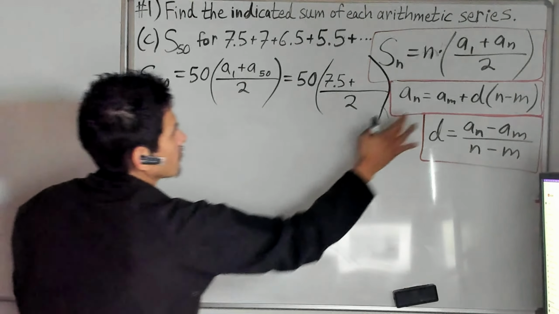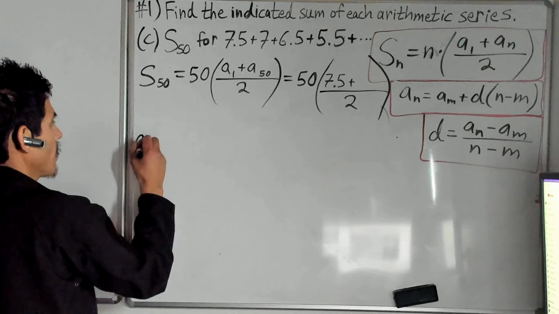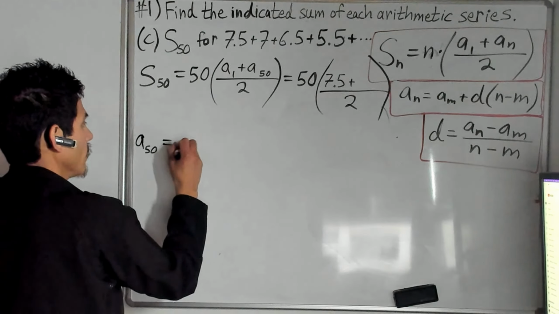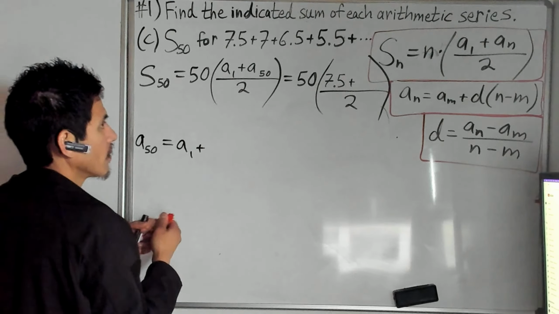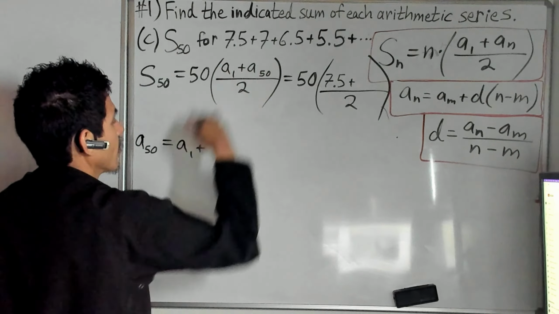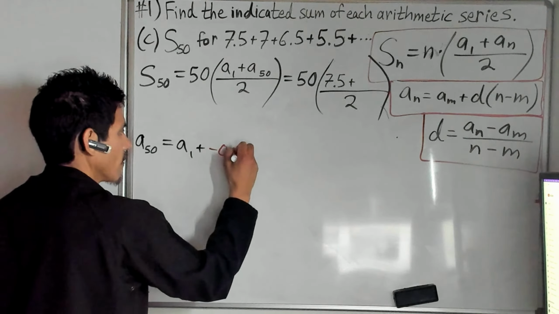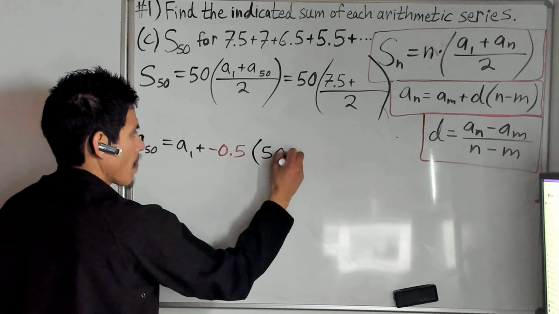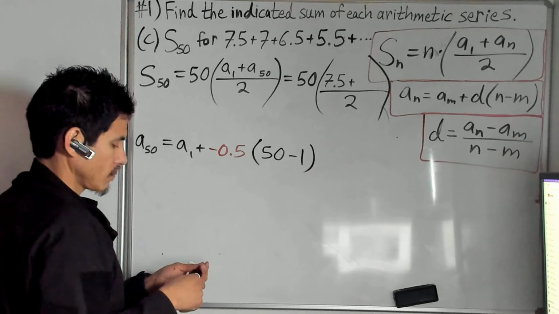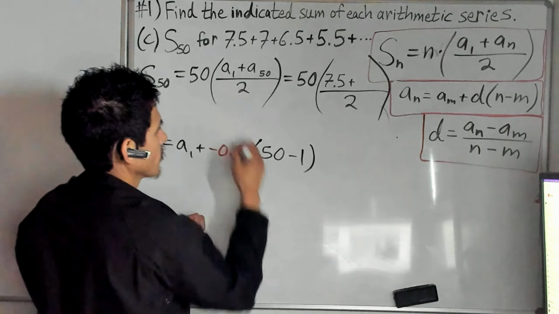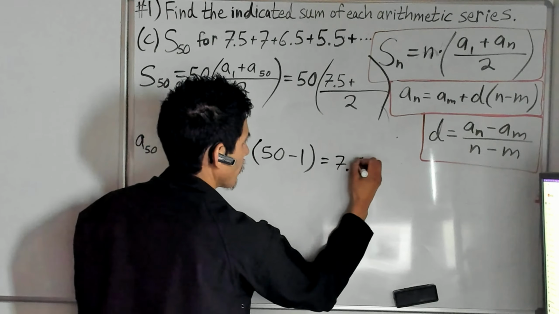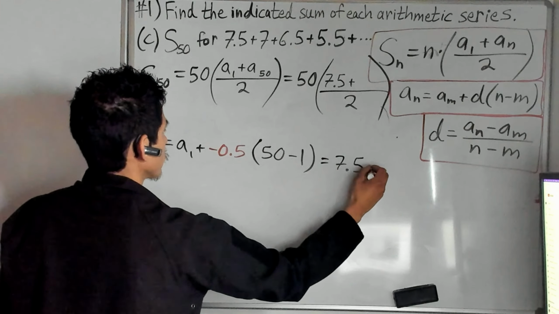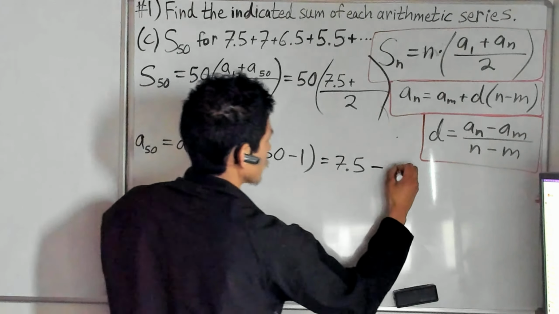Let's go find that a50 using this guy. a50 will be, let's say a1 plus d, common difference d, we're going down by 0.5, so minus 0.5 times 50 minus 1. a1 is 7.5, minus 0.5 times 49.